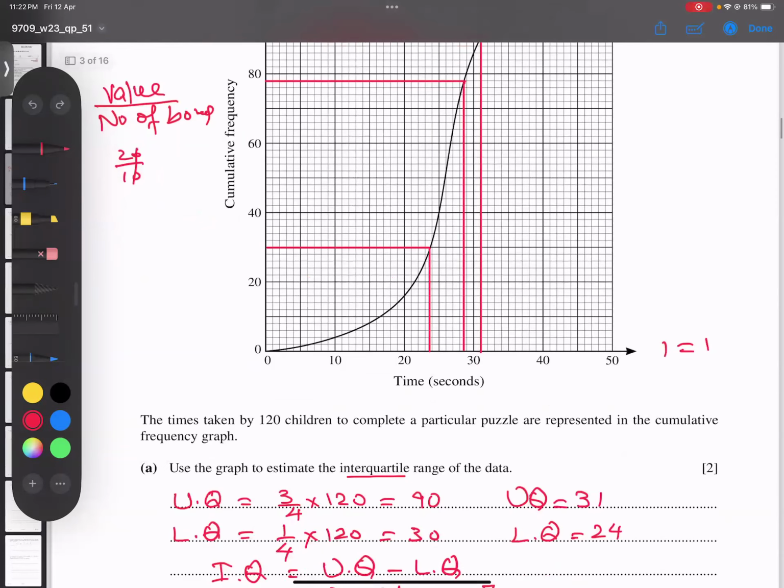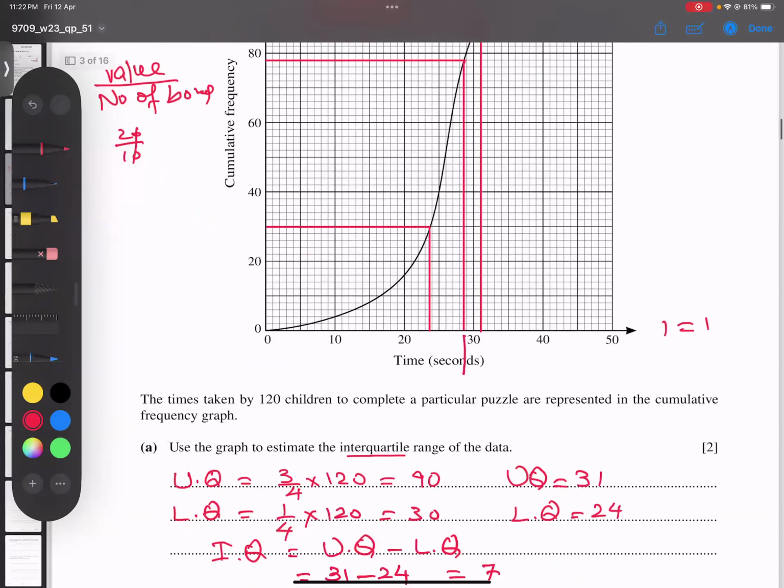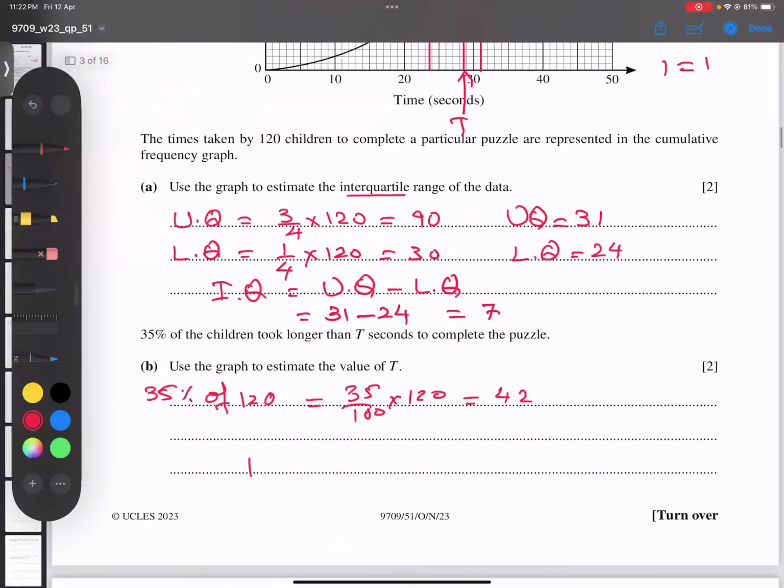He was asking for that T value, and we got 28.5. So T equals 28.5.